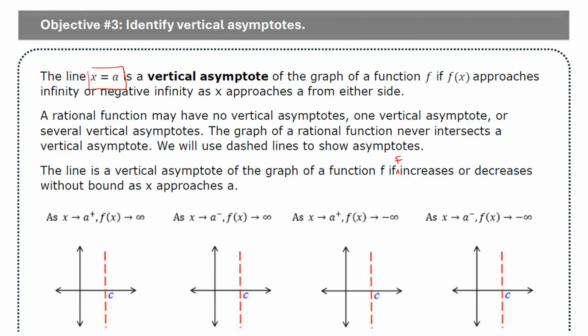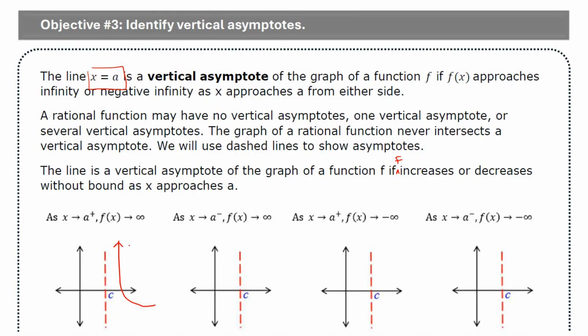We have 4 examples here that give a synopsis of what your rational function could look like as it's approaching a vertical asymptote. As x approaches a from the right-hand side, f of x approaches infinity, and this looks something like this on the graph.